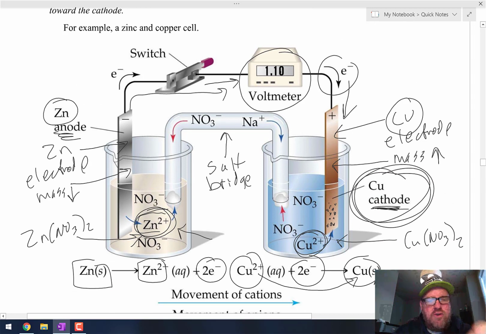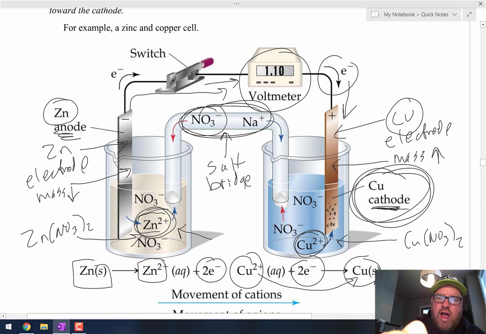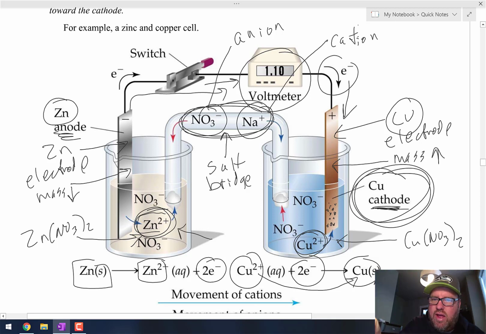How does it do it? First of all, a salt bridge has to be made of some type of soluble ionic compound, such as sodium nitrate. What happens is the NO3 minus, the negatively charged ions, some might call them the anions, and the Na pluses, the cations, right?